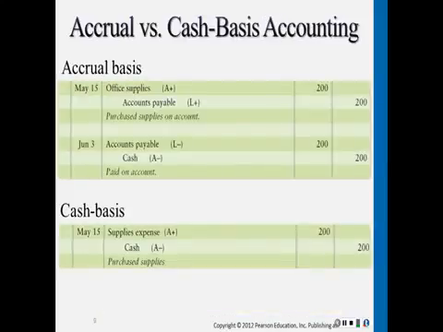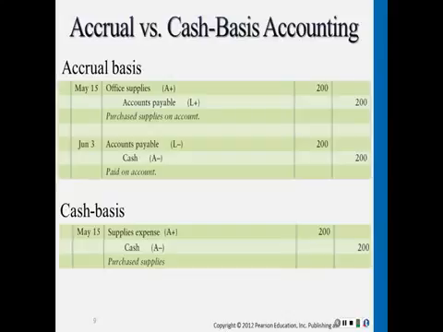Suppose Smart Touch purchased $200 of office supplies on account May 15, 2013, and paid the account in full on June 3, 2013. On the accrual basis, the business records this transaction as follows. On May 15th, debit office supplies for $200 and credit accounts payable for $200.